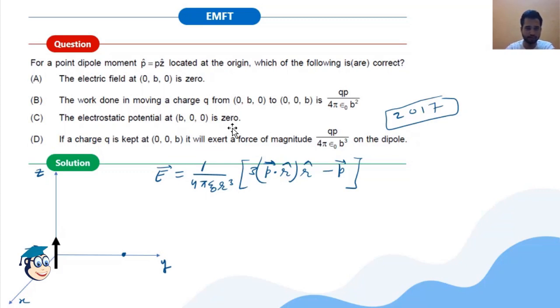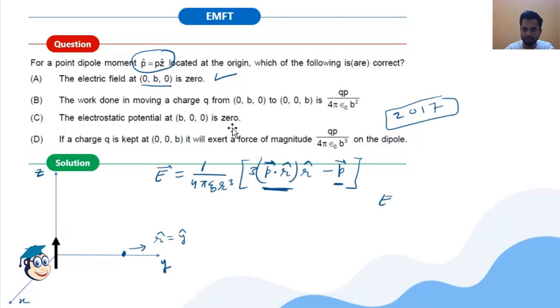Now in the question part A, if your position is 0 b 0, I have shown this in this graph. So your r cap would be y cap. You can see this term would become equal to 0 because P is in z cap and r cap is y cap for option A. You will only be left with this term.